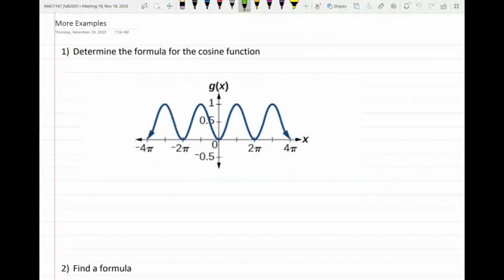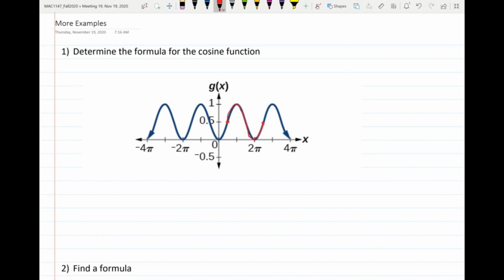So this is the type of question I'm talking about. Here we're being asked to determine the formula. Now we're being told that this is a cosine function. So even if you want to think of this as a sine function, because you have all the right to do so, you can, for example, think of this point up to here, and then you can say, well, this looks like the sine function that was pulled to the right by some units, and then up, and some stuff happened to it.